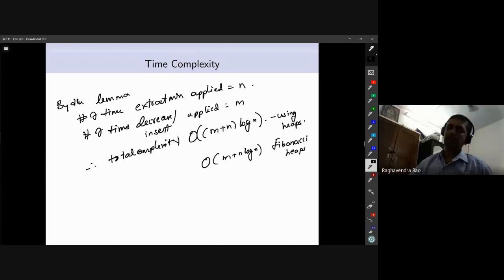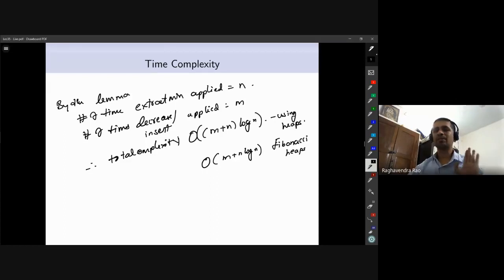For this we have assumed that there is no negative weight edge. Okay, I'll take two more minutes just to prove the correctness.